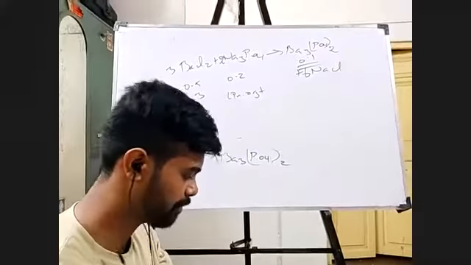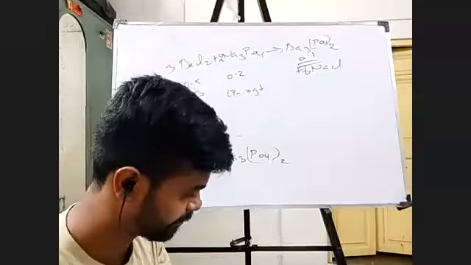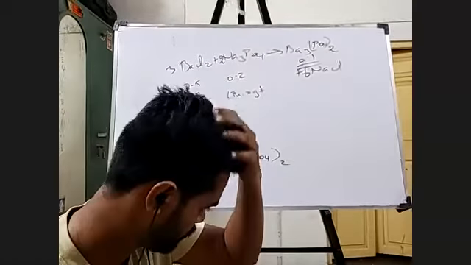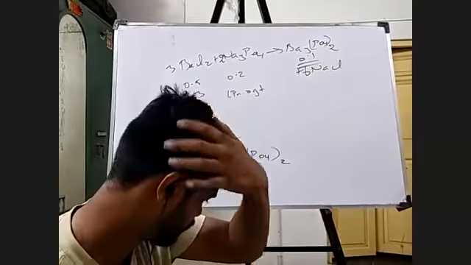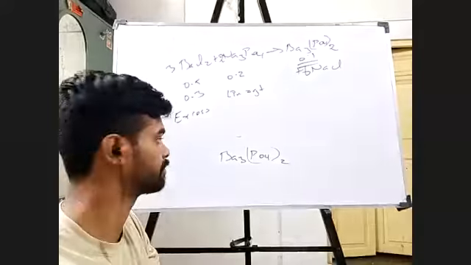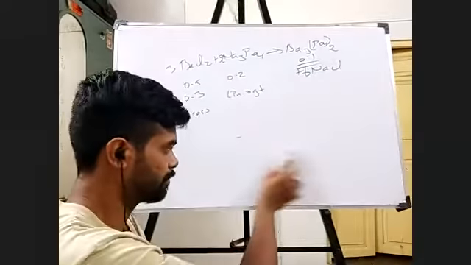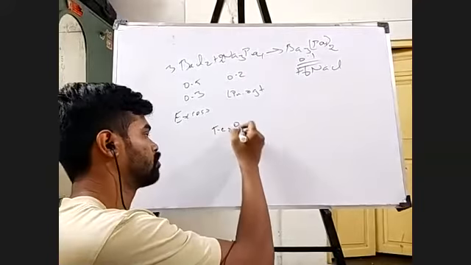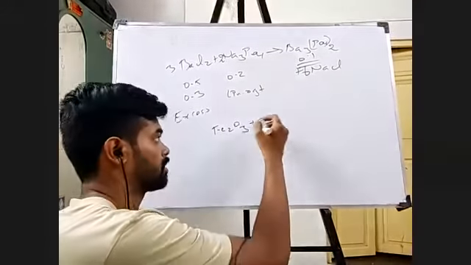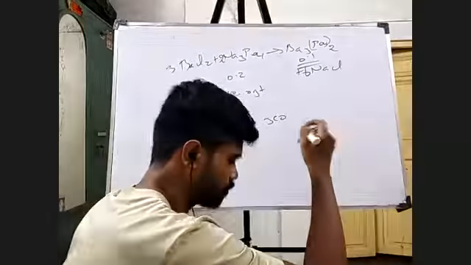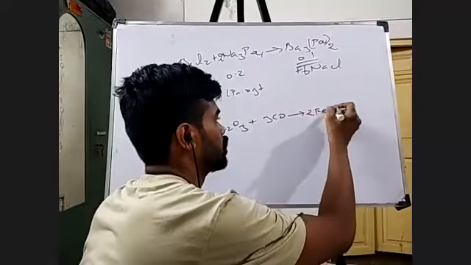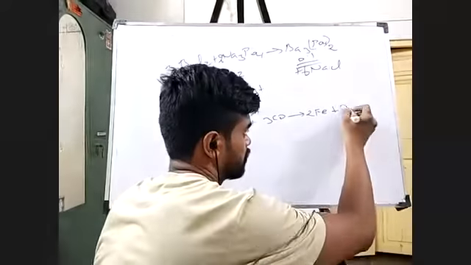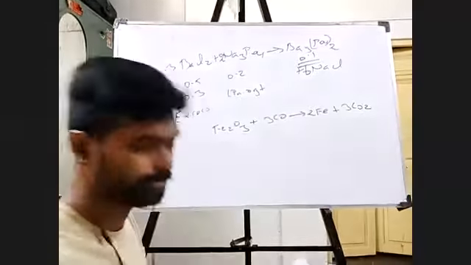Okay, easy question. Next question. For this reaction, Fe2O3 plus 3CO gives 2Fe plus 3CO2.